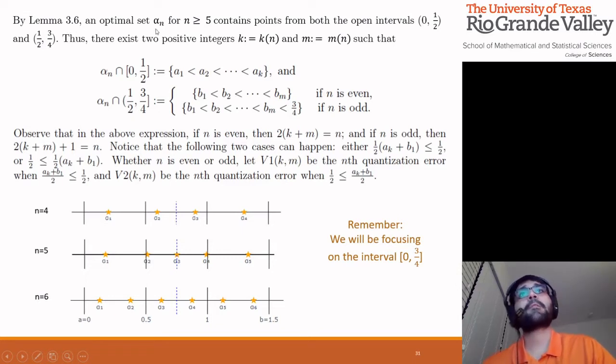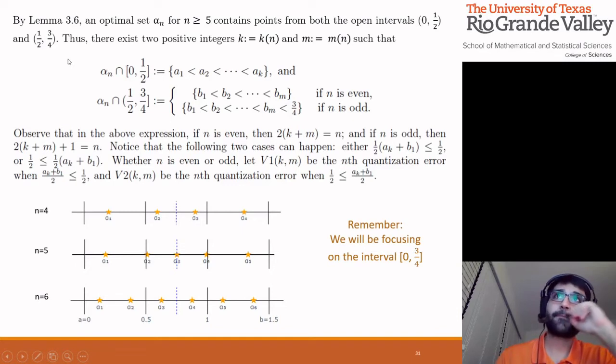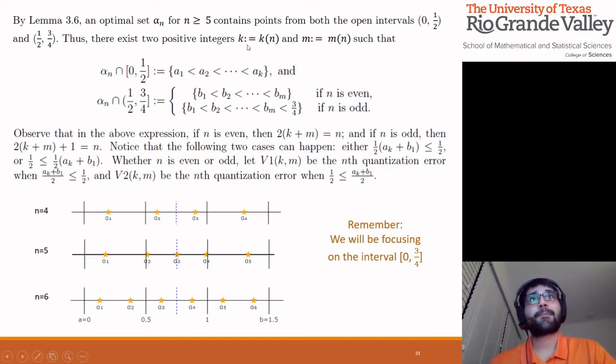An optimal set alphas of n for n greater than or equal to 5 contains points from both the intervals (0, 1/2) and (1/2, 3/4). Thus, there exist two positive integers, k and m, which both depend on n, such that alphas of n in the intersection with the interval (0, 1/2) consists of these quantizers.